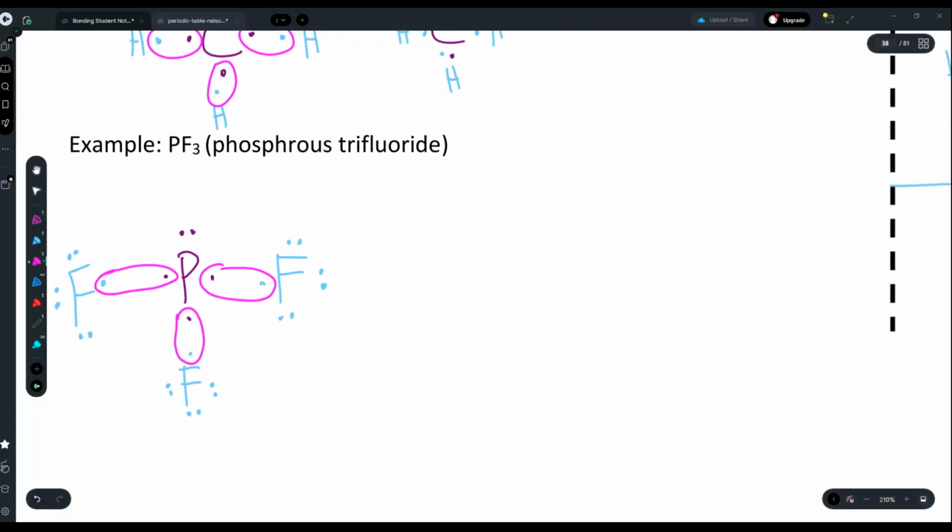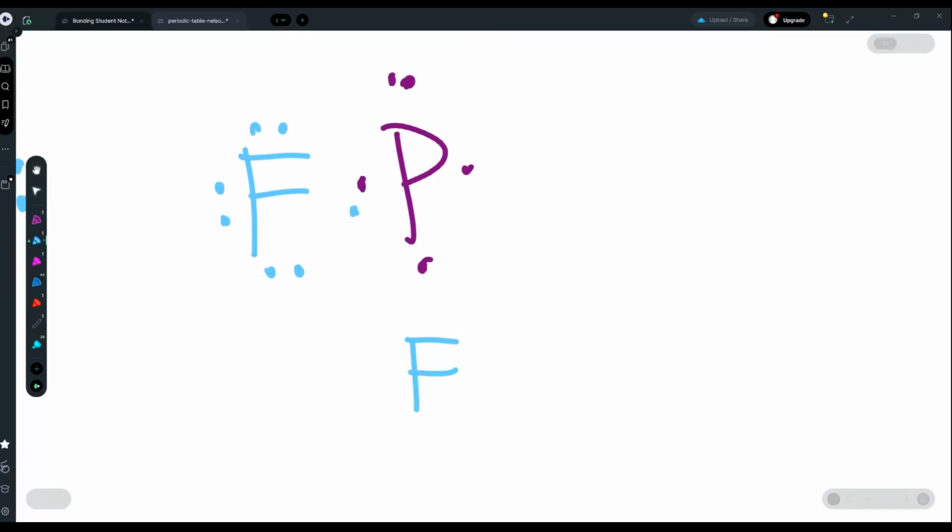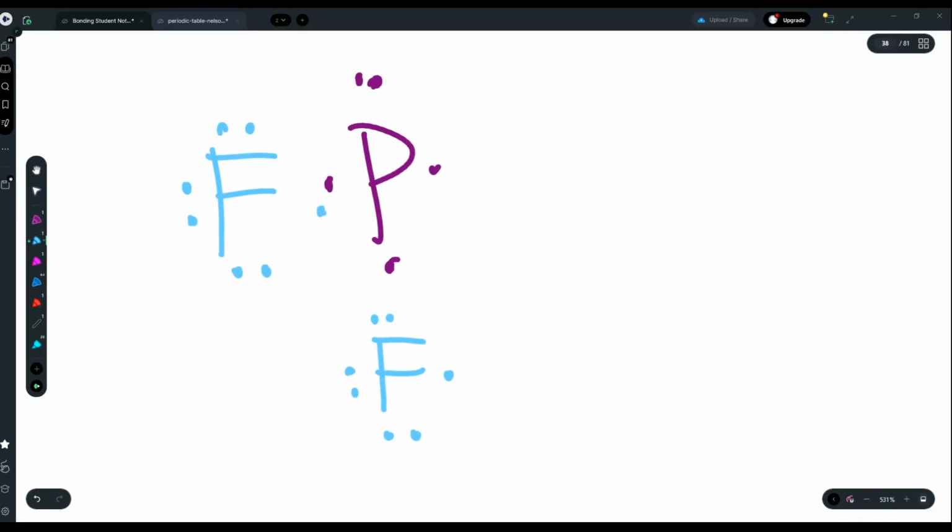Okay, so the other way that you could represent this is by going like so. And if you don't want to use the loops, then it'd be like so. So with this, I made a slight error.